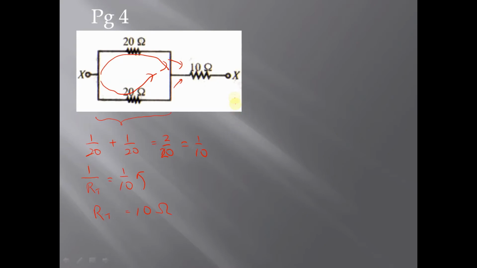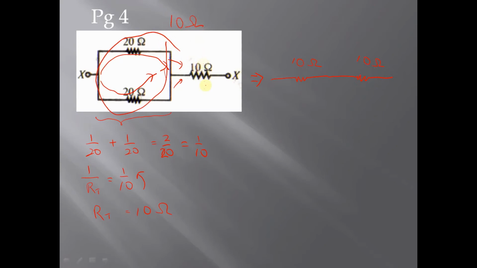Maksudnya adalah sekarang litar ini akan menjadi satu litar baru yang seandainya adalah satu perintang yang bernilai 10 ohm. Okay, 10 ohm yang kita ada, dan lagi satu 10 ohm yang sedia ada dalam soalan lah. So you can see from here. So bermakna apabila kamu gabungkan di sini, ini adalah 10 ohm.